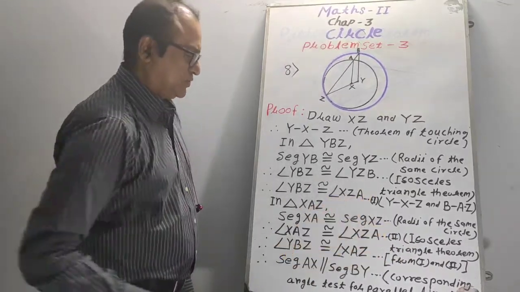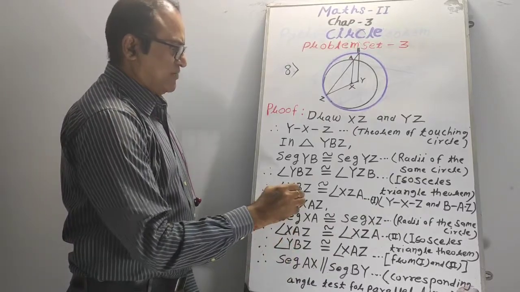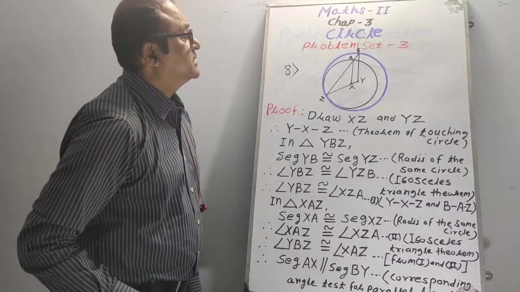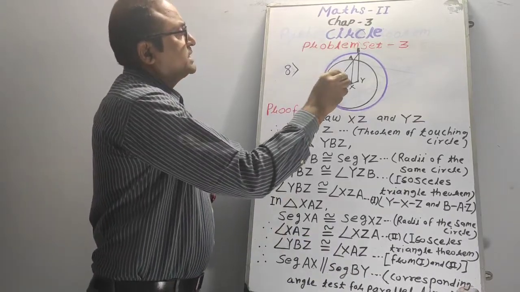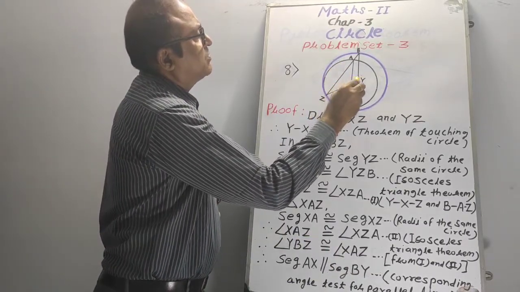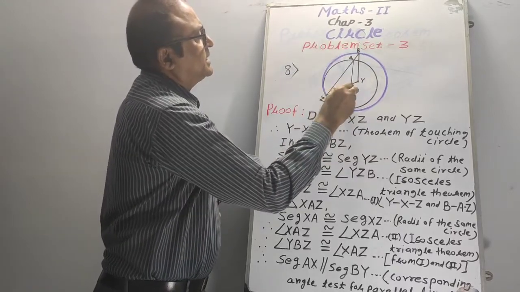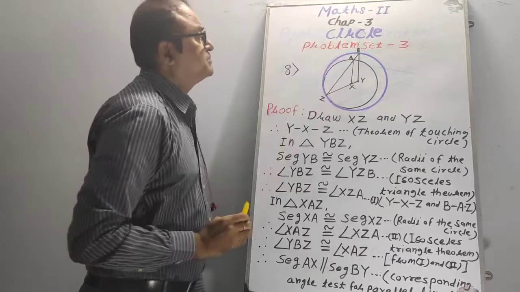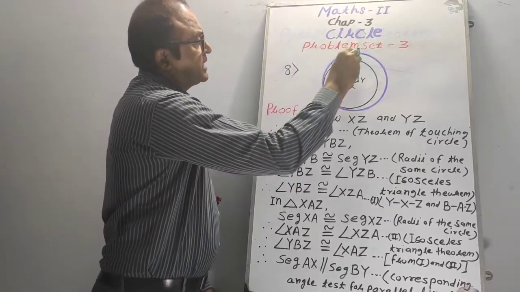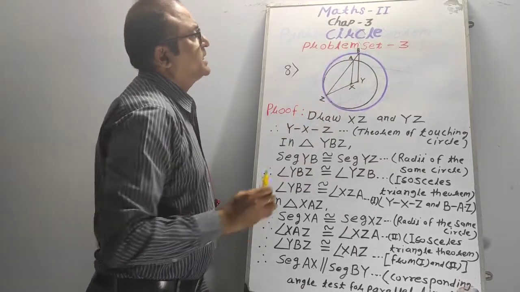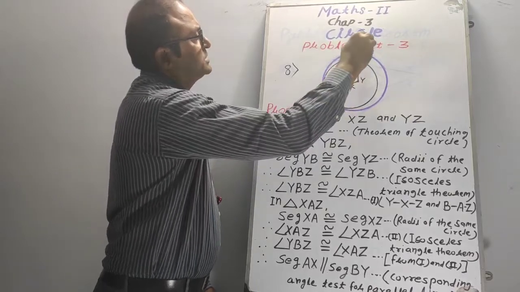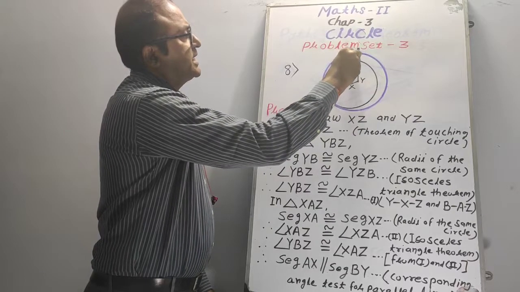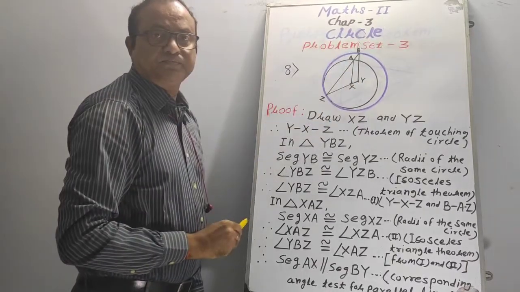Second, from 1 and 2, angle YBZ is congruent to angle XAZ. And you can see in the diagram, angle YBZ and angle XAZ are corresponding angles. By the corresponding angle test for parallel lines, seg AX is parallel to seg BY. Hence, we proved seg AX is parallel to seg BY.